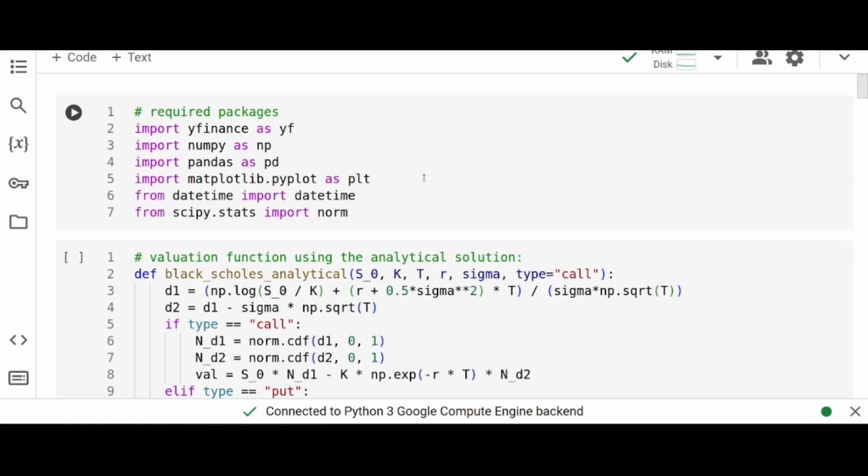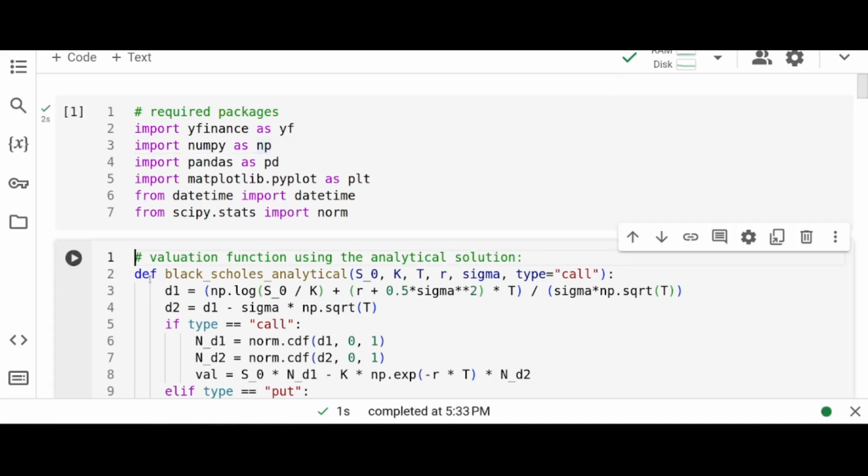If we calculate the Black-Scholes price, or the price using the Black-Scholes formula, let us see here the Python code. I already prepared a function which evaluates analytically the call option. Here the function is called Black-Scholes analytical.